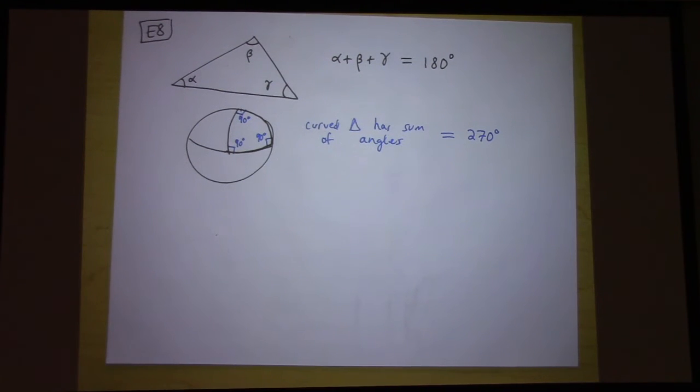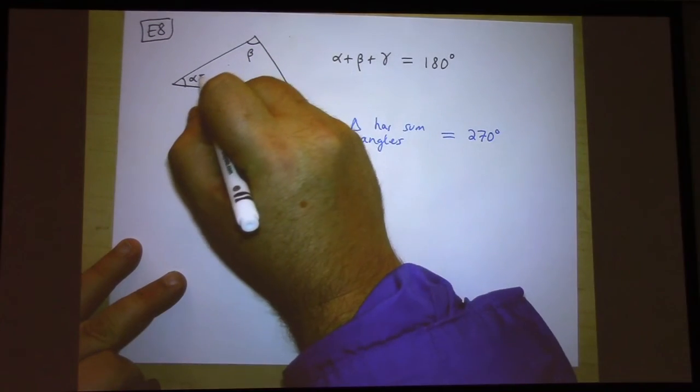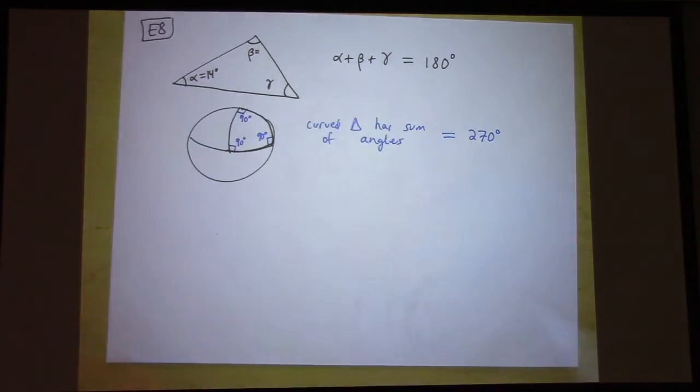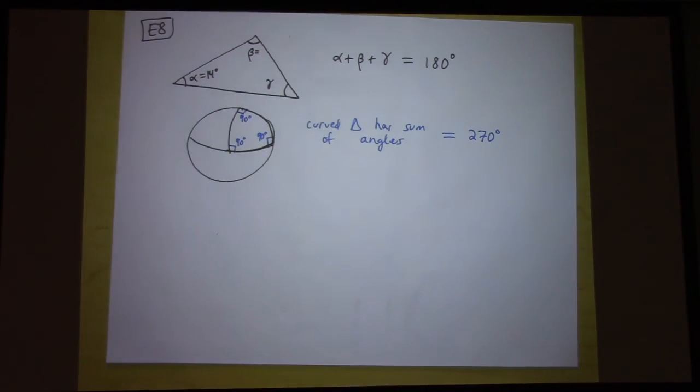Now, in your homework, there's a problem where they give you a triangle that has a 14 degree angle and a 62 degree angle. What's the measure of the third angle? So if this is 14 degrees and beta is 62 degrees, what's gamma then?